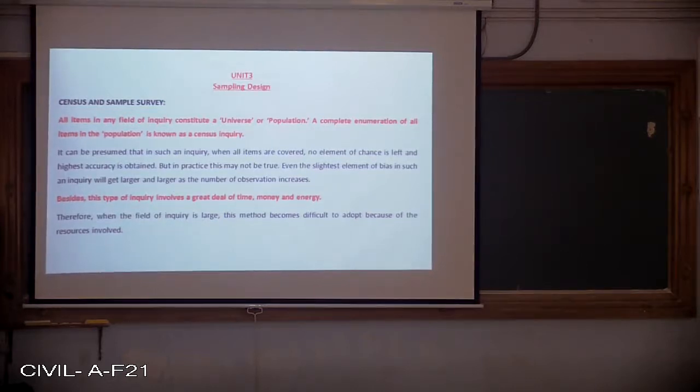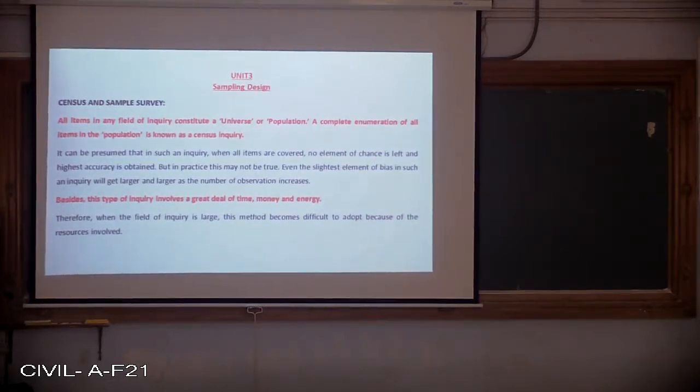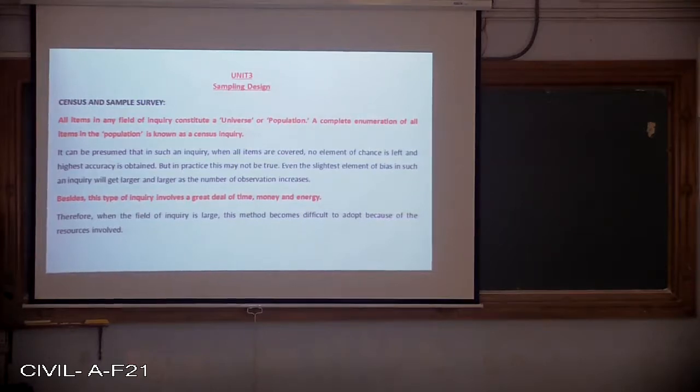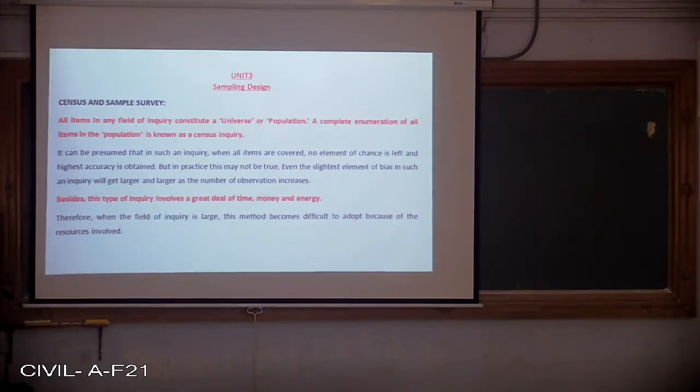So this is a chapter where we are dealing in a broad sense, not only related to the civil part. When we are talking about population, it includes the entire thing. It's talking in terms of universe or population, it includes everything. I will not prescribe only the concrete or only the structural part. It may include each and every item involved in that field.